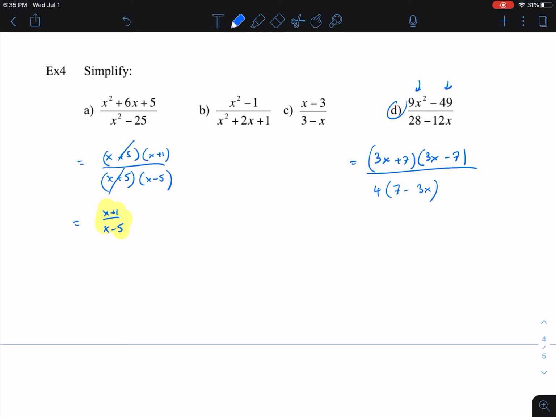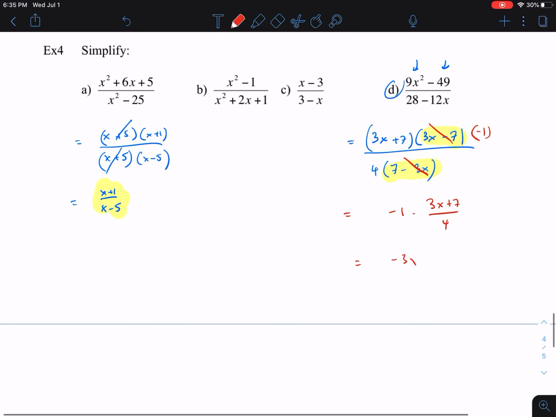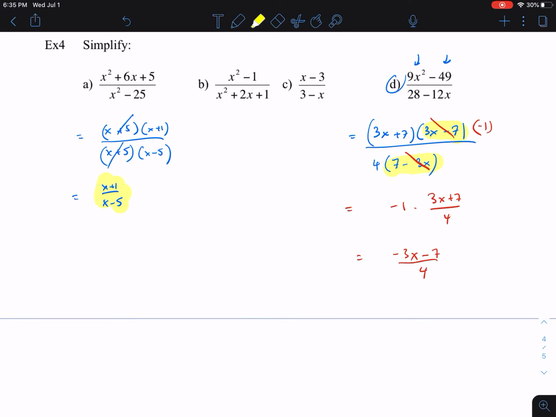So 3x minus 7 and 7 minus 3x are kind of like opposite factors there. So we can cancel that, and there's a negative 1 left behind. That gives us negative 1 times 3x plus 7 over 4, so that becomes just negative 3x minus 7 over 4. So that is the answer.